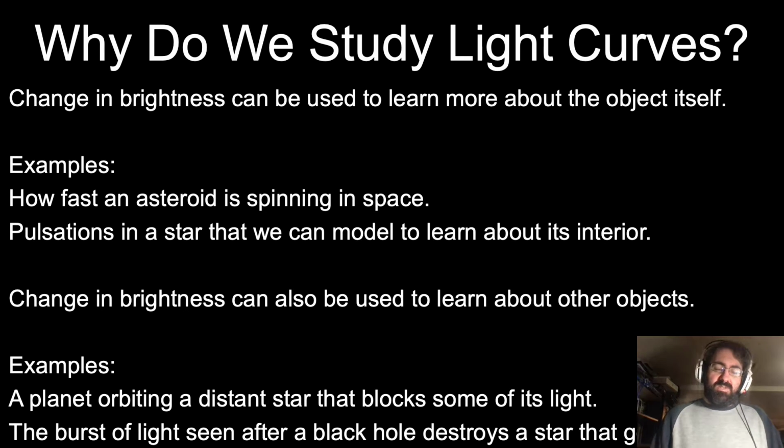Another example would be bursts of light that we see after a black hole destroys a star that may have gotten too close and got absorbed into the black hole in an explosive event. So we can use changes in brightness over time to learn about objects themselves, or in the latter examples, other objects that might be interacting with the thing that's giving off the light itself.